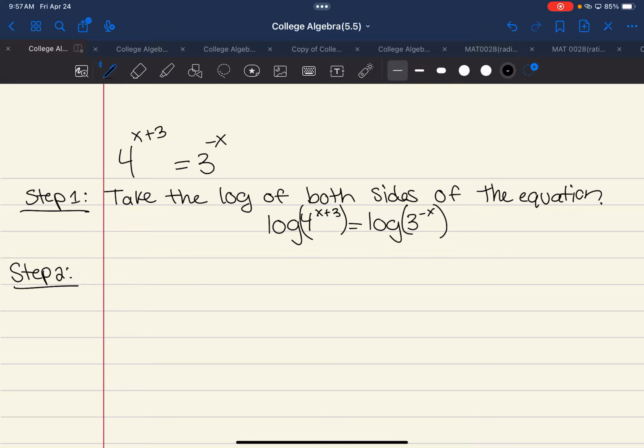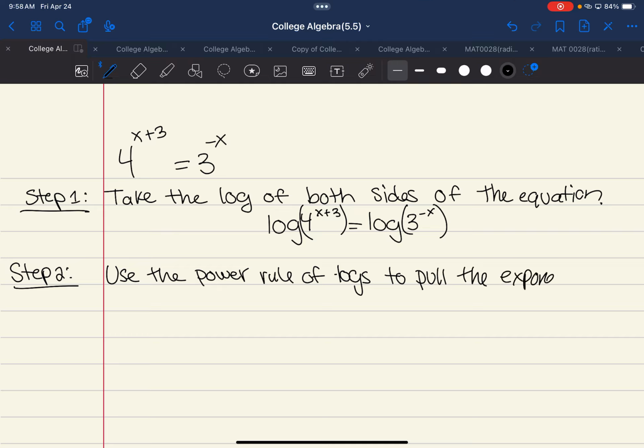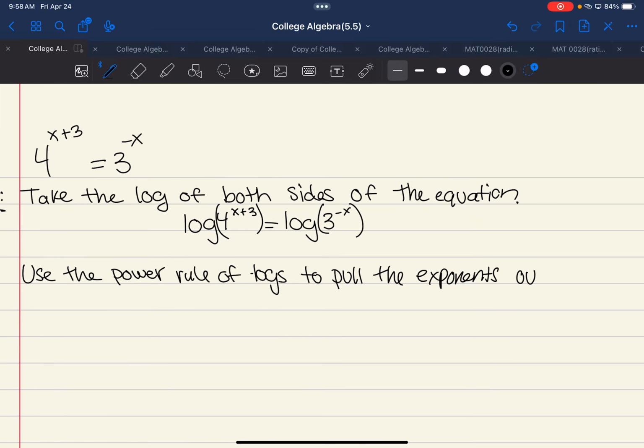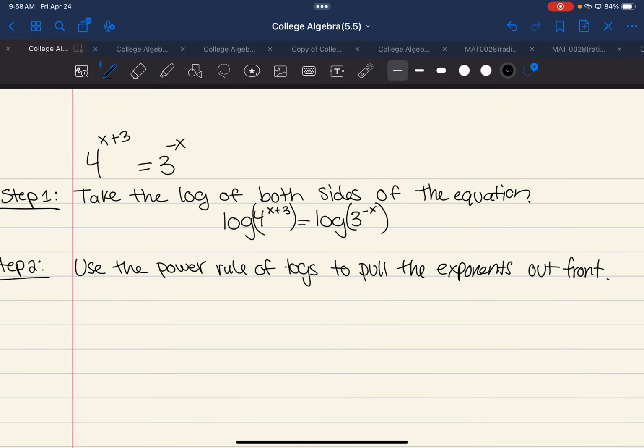And then step 2, we will use the power rule to pull the exponents out front. Use the power rule to rewrite these as a product.